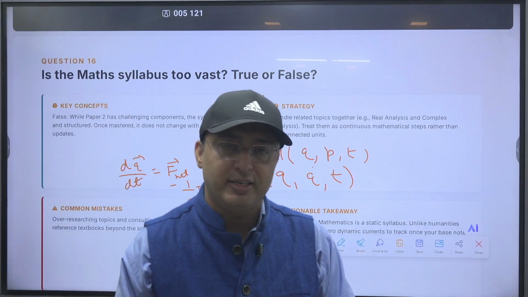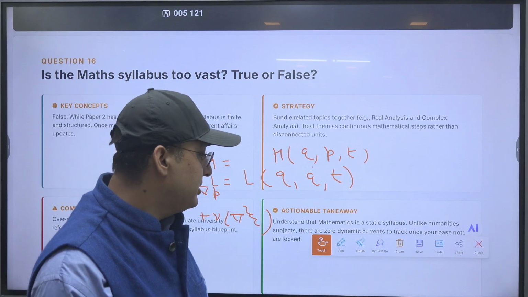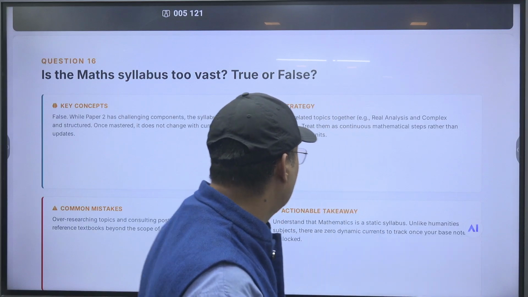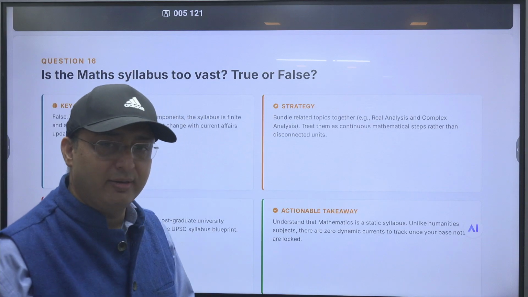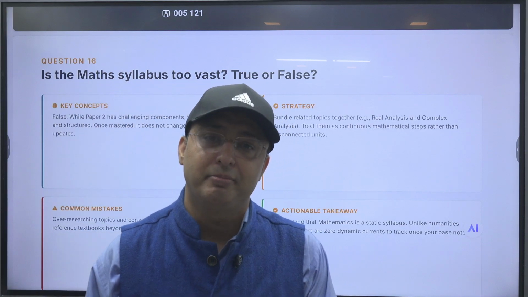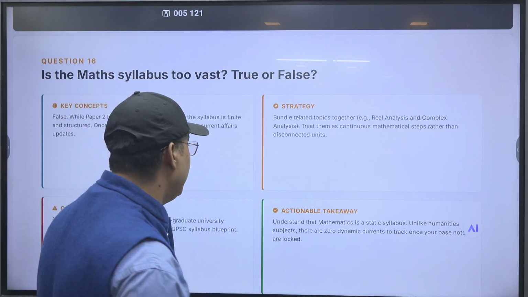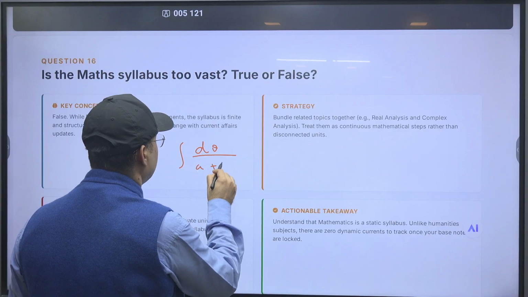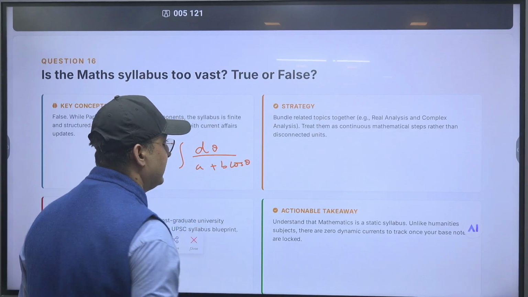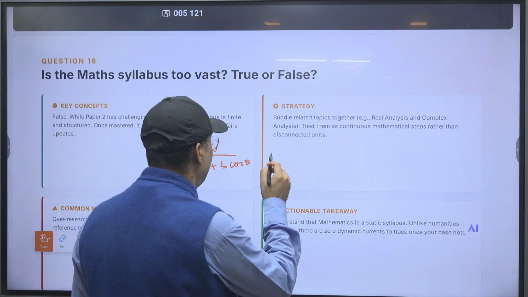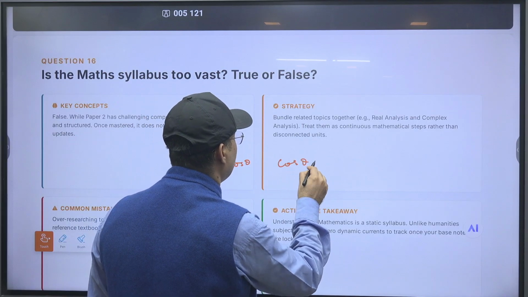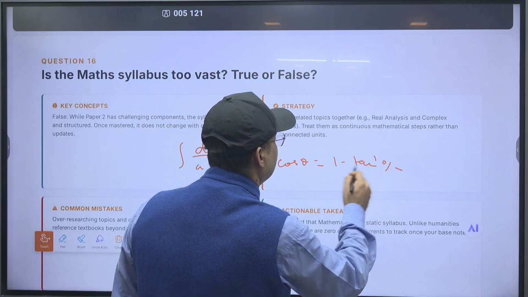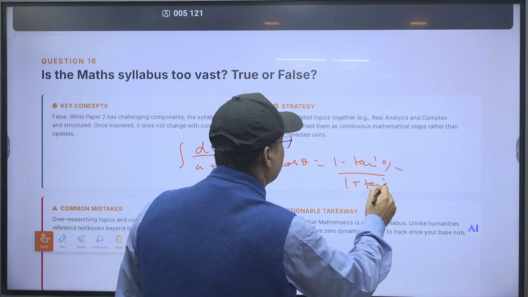So the point is very simple: it is just a myth, just hearsay that you hear about. Paper 1 and paper 2 are very well connected, very well enmeshed, if you understand. If I ask you, say, the integration of 1 over a plus b cos theta, you study this in calculus, where you put the value of cos theta in terms of tan theta by 2 and tan square theta by 2.